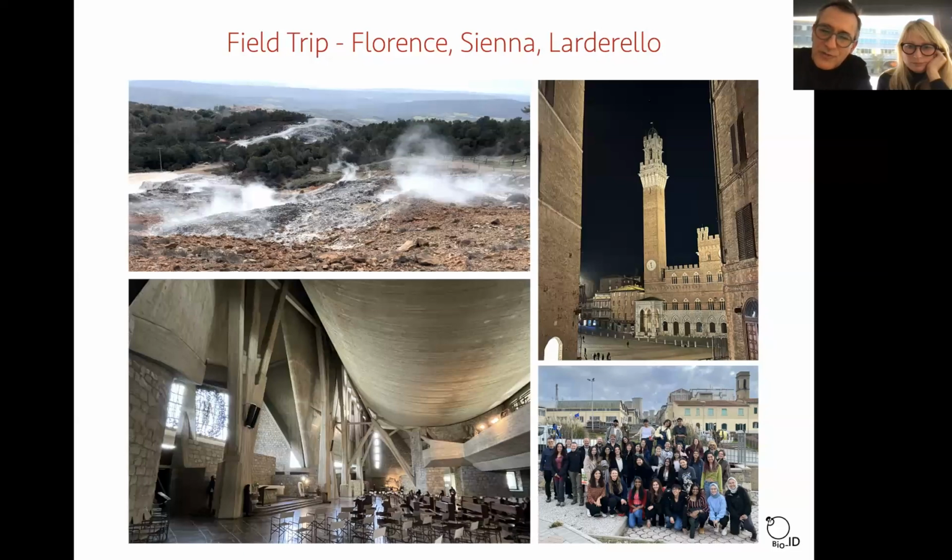It's extraordinary to visit these places and experience them together, because it gives us a conjoint experience that we then discuss and use as reference in the program. And then Larderello was, again, very fascinating, because it's a place that has geothermal qualities. It's been used for energy gaining for a long time. And you walk around the landscape and you have all these fumes coming out of the ground.